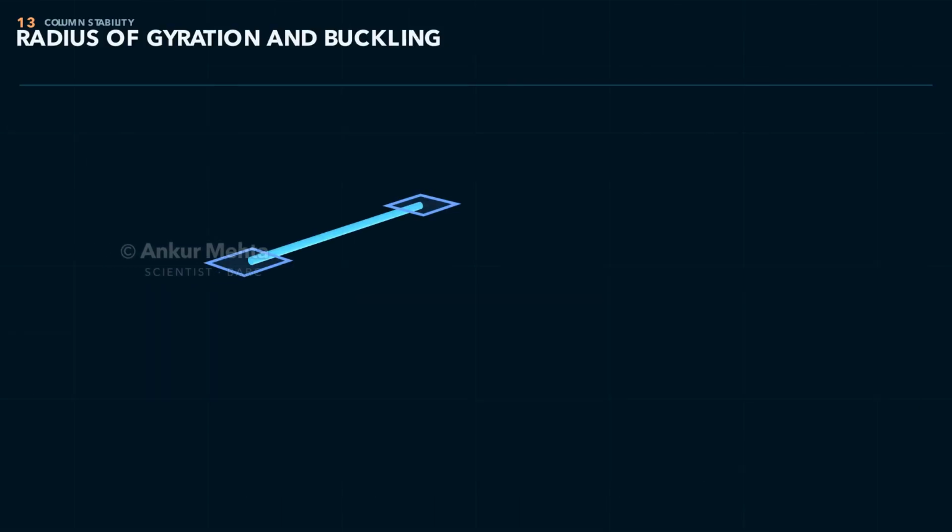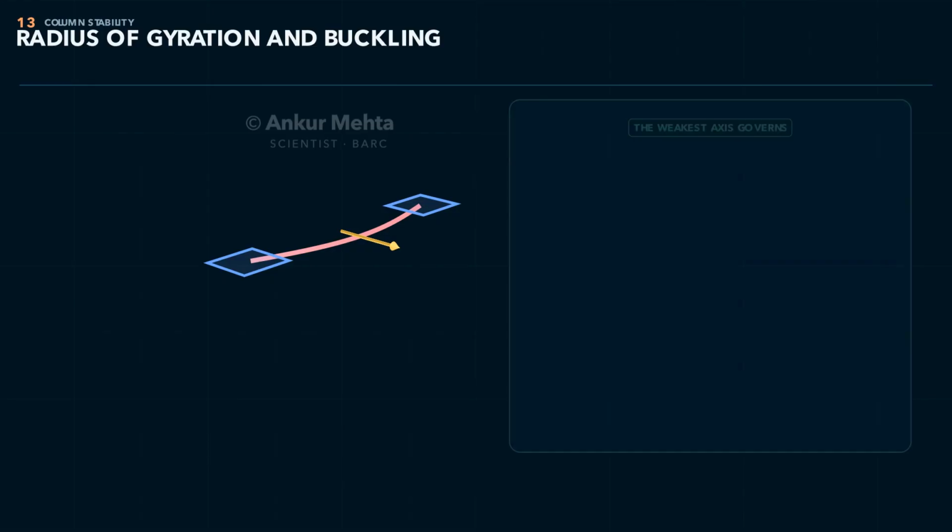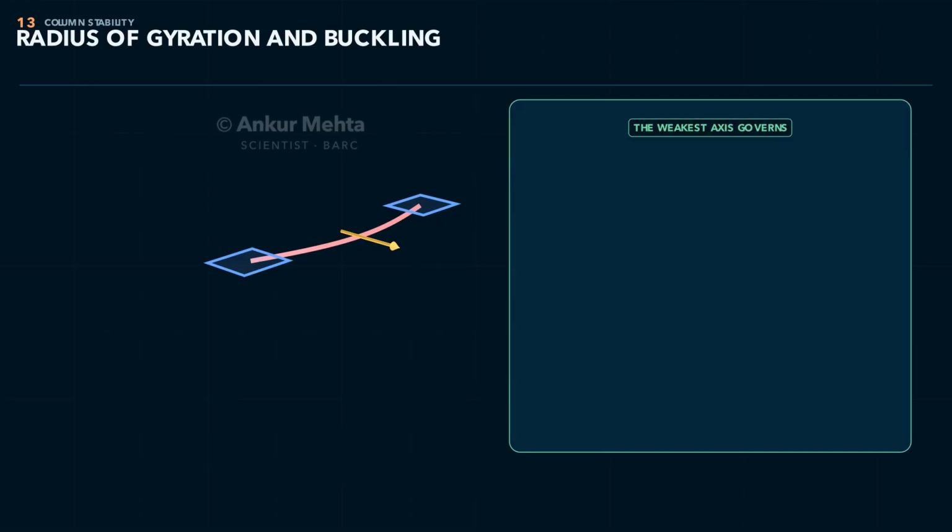For a long column, Euler buckling load is pi squared EI minimum over effective length squared. Buckling occurs about the axis with the smallest second moment because that direction offers the least bending resistance. Substitute I equals Ak squared and divide by area. Euler critical stress becomes pi squared E divided by L effective over k minimum, all squared.